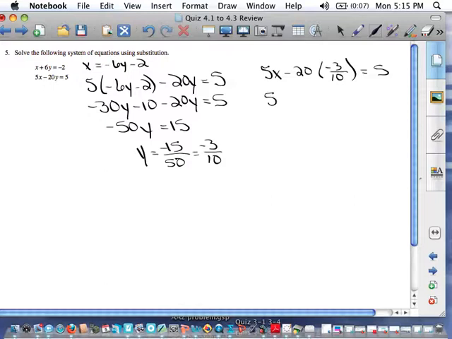So I have 5x. Now you can cancel the 10 and then that becomes a 2. So you're going to get minus 6 equals 5. So 5x is equal to 11. So x is equal to 11/5.